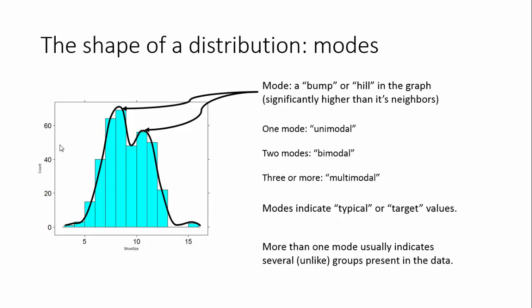But that notwithstanding, these two modes are there because there's one group in the data that are women, with shoes around 8 or 9, and another group of men with shoe sizes around 10. And when a statistician sees two modes, they say, oh, look, there's two groups here, and let's get to the bottom of it.